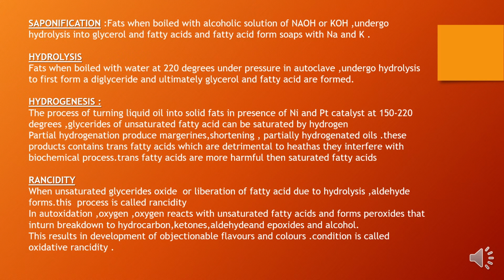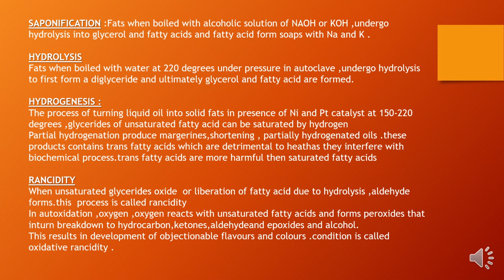What is hydrolysis? Fats when boiled with water at 220 degrees under pressure in an autoclave undergo hydrolysis to first form diglyceride, and ultimately glycerol and fatty acid are formed. What is hydrogenation? It is the process of turning liquid oil into solid fat in the presence of nickel and platinum catalyst at 150 to 220 degrees Celsius, and glycerides of unsaturated fatty acid can be saturated by hydrogen.